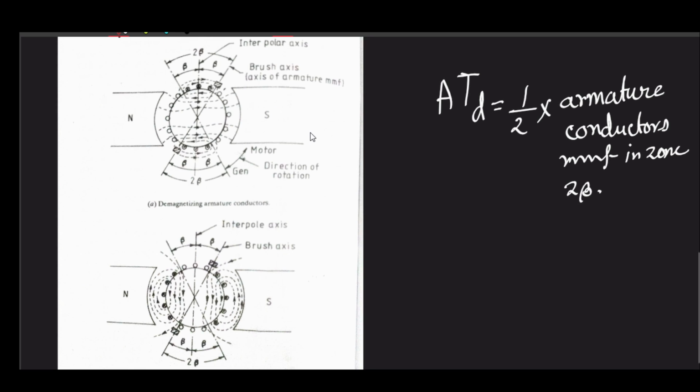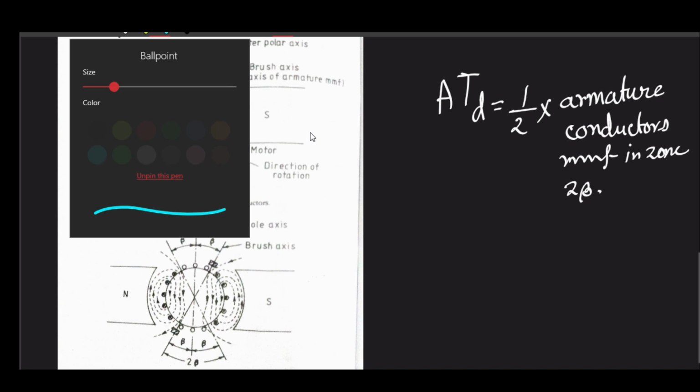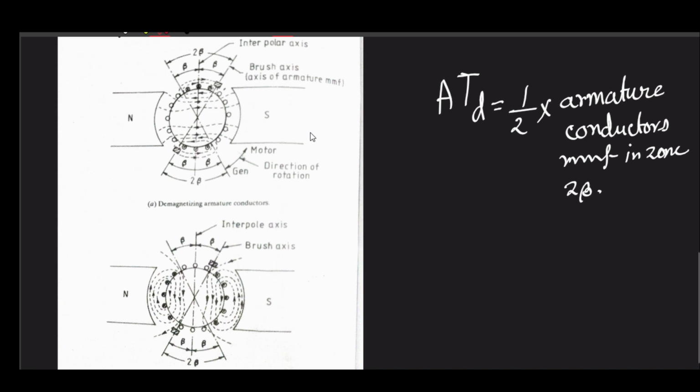If we consider the main field direction from left to right, now see here, in this zone these are the crosses. Cross means current is flowing into the paper, or going into your conductor.